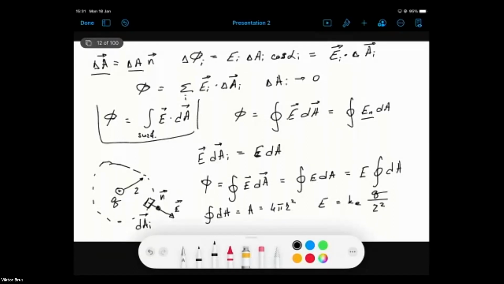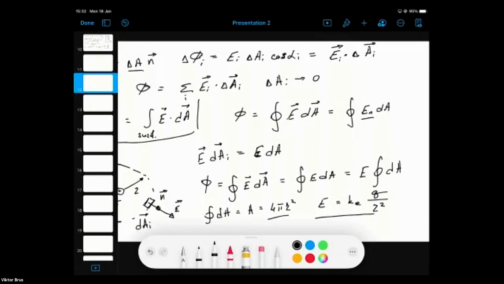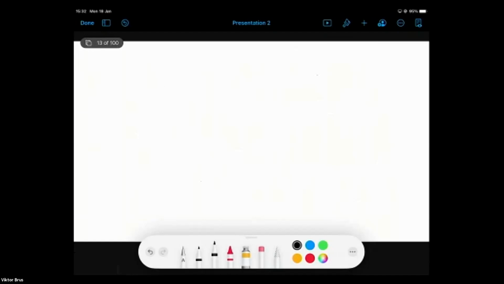So now we need to multiply the electric field, which is this equation, by the area of the sphere, and we will do it on the next slide. In this case, the total electric field flux will be equal to KE Q divided by r squared, then times 4 pi r squared.